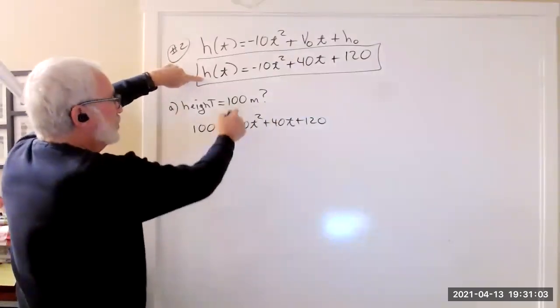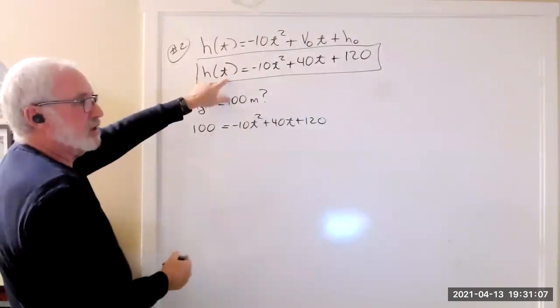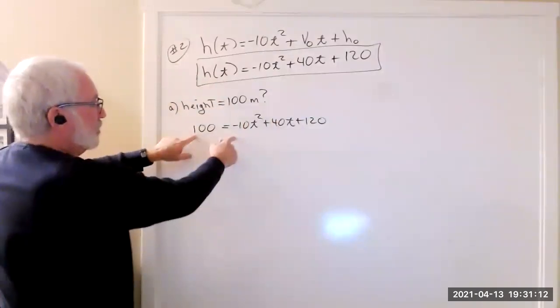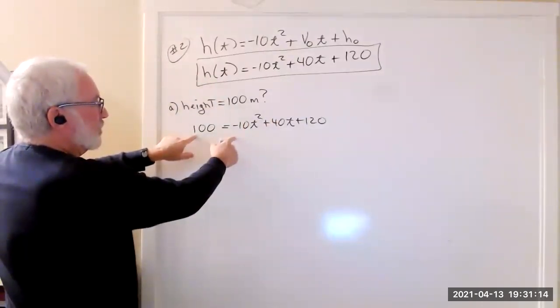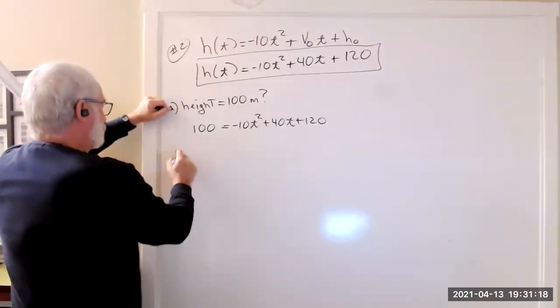The height is 100 meters at some time. It said when. So at some time, t, we don't know when, the overall height will be 100 meters. So that's what we wrote there. Make it equal 0.